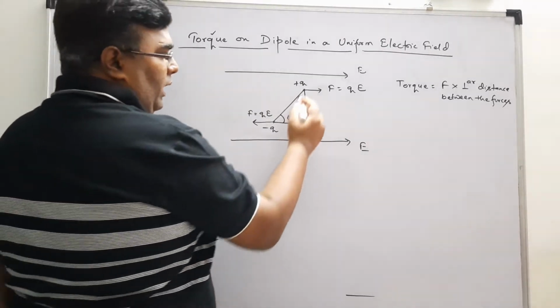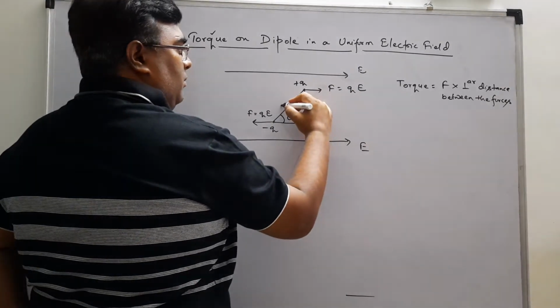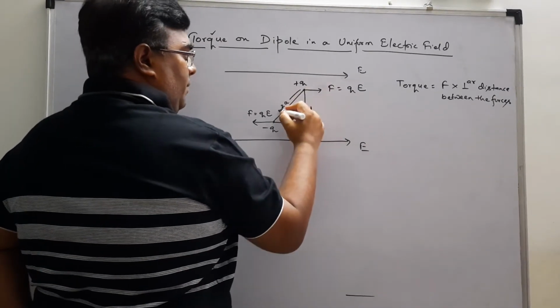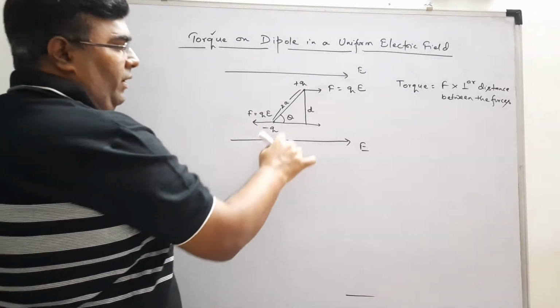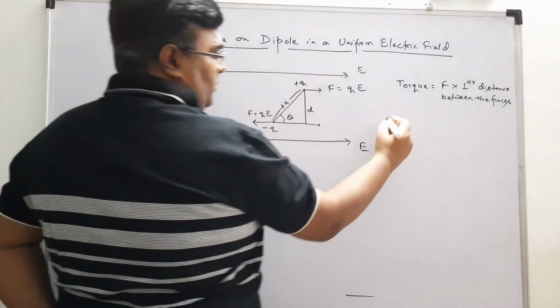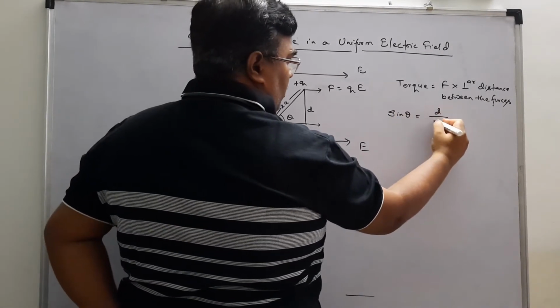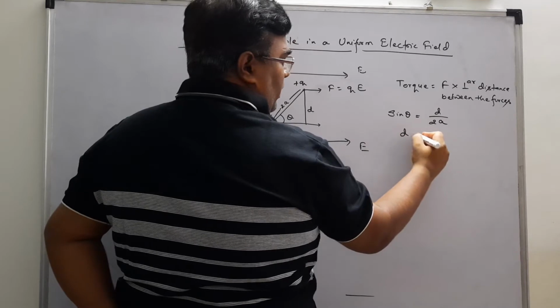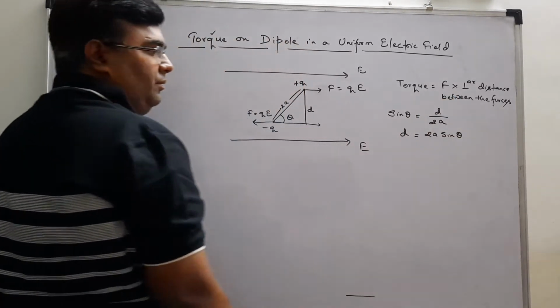Now if you look at this triangle, we know that any dipole system has a distance of 2a. And this is the angle theta, so what is sine theta? Sine theta is perpendicular upon hypotenuse, so here D is equal to 2a sine theta.